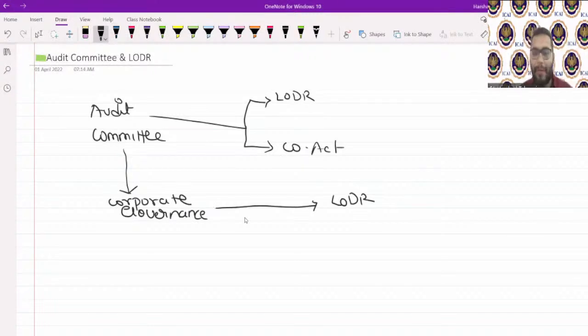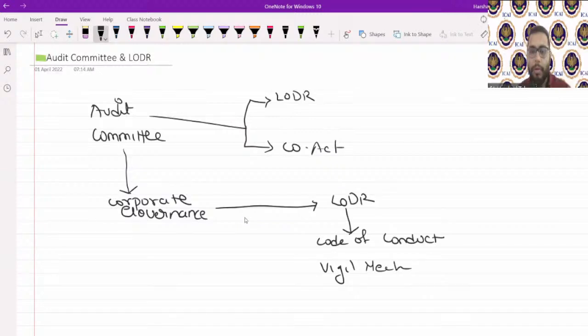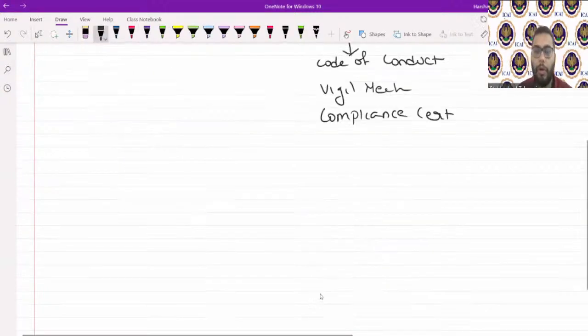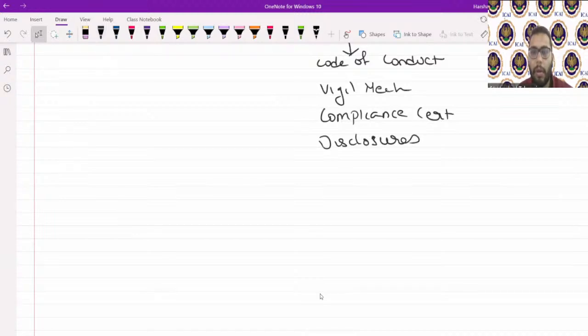For example, that will be code of conduct, then vigil mechanism, then compliance certificate, disclosures, and committees, where there will be a risk committee and a nomination and remuneration committee.